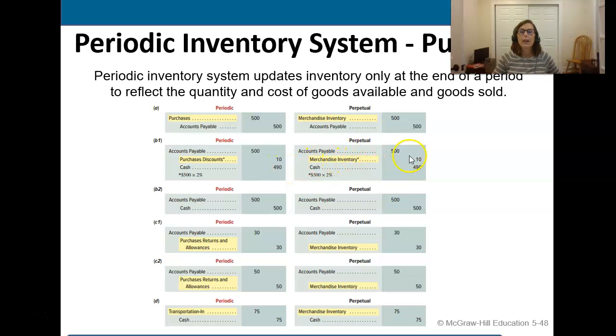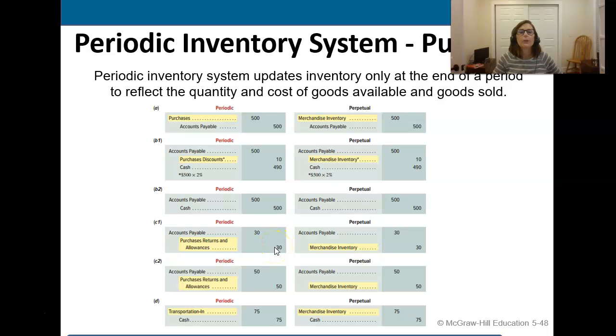The discount on the perpetual system goes into the merchandise inventory. Then we actually pay for this stuff if we don't take the discount, and those entries look exactly the same. So it's still going to be reducing the accounts payable and reducing the cash.